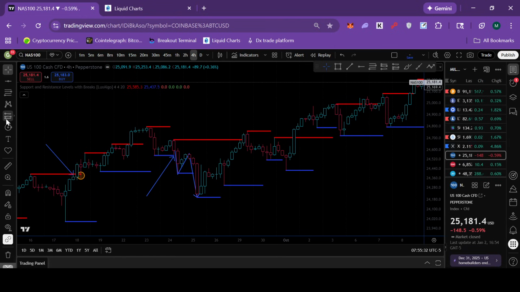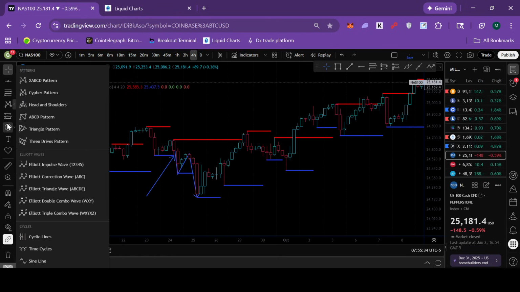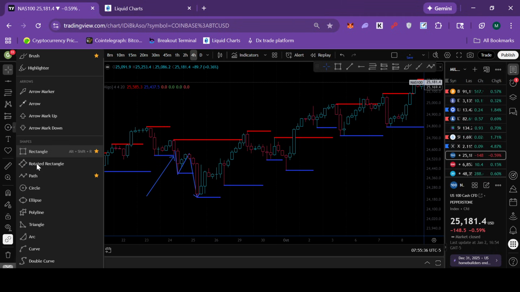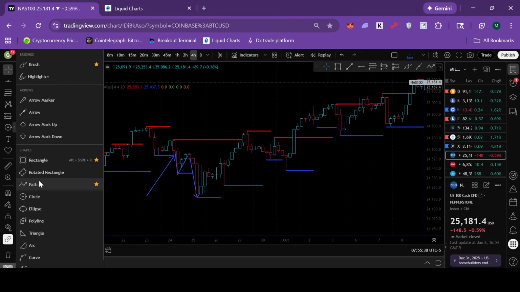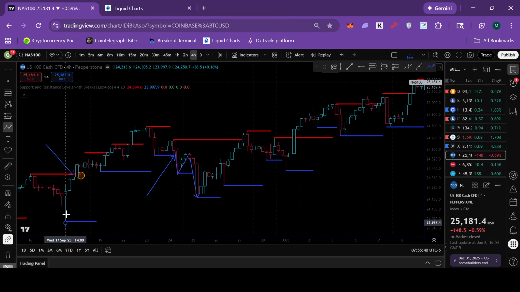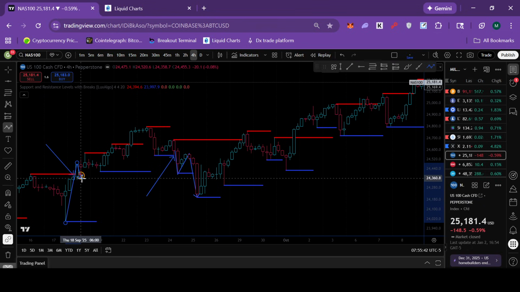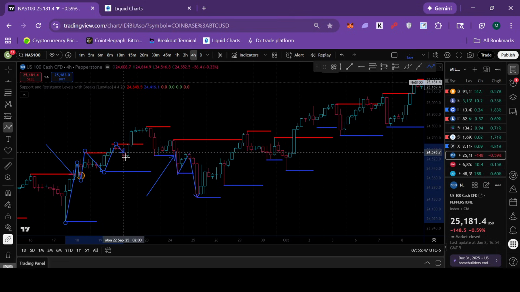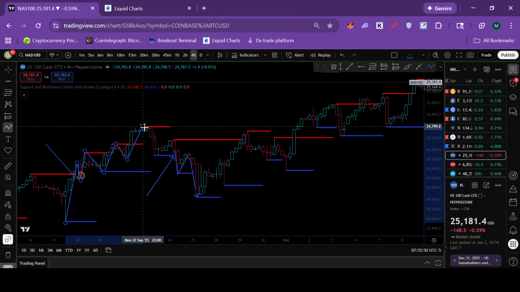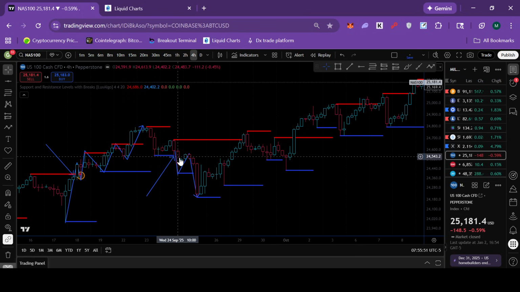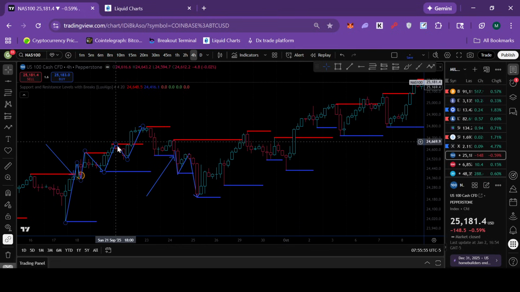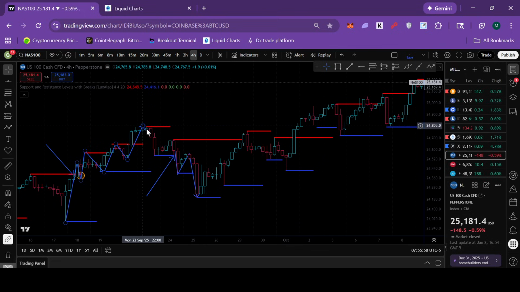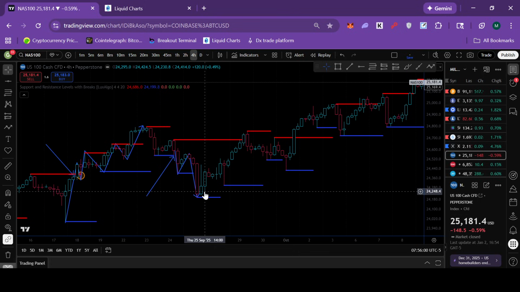So you'll see it push up, small pullback, push up, over and over again. And you're looking for buys until you get this break here, right? So you've just been following the trend going up until you get a break here. Now you're following the trend going down. As simple as that, right?